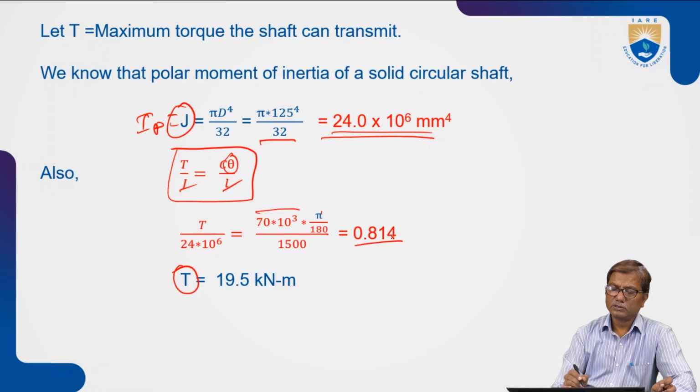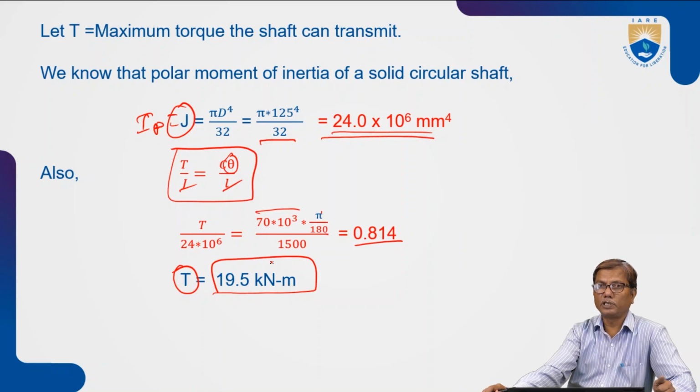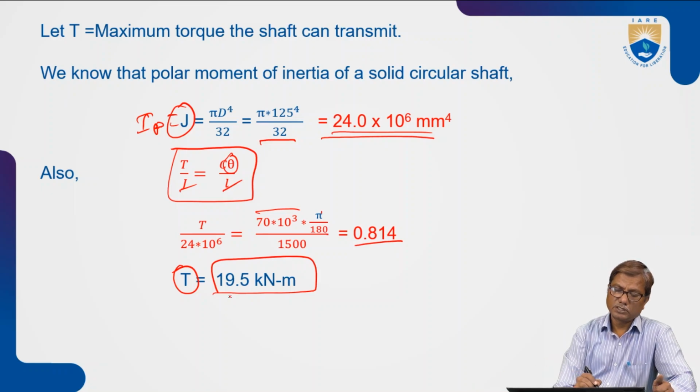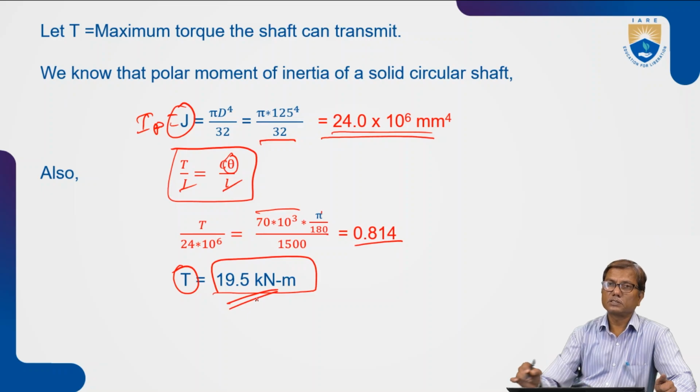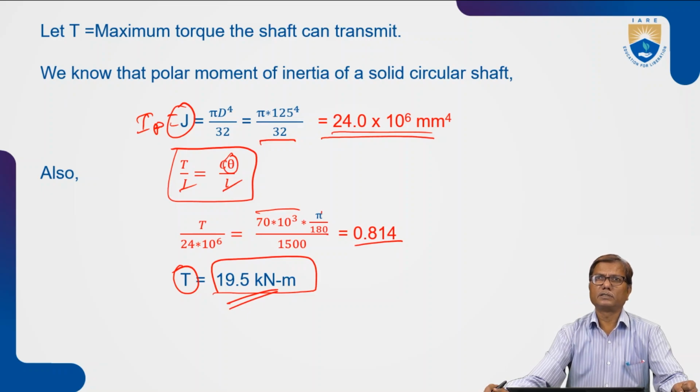So this is 0.814. You will get 19.5 into 10 power 6 Newton millimeters, which is expressed in kilonewton meters as 19.5 kilonewton meters.